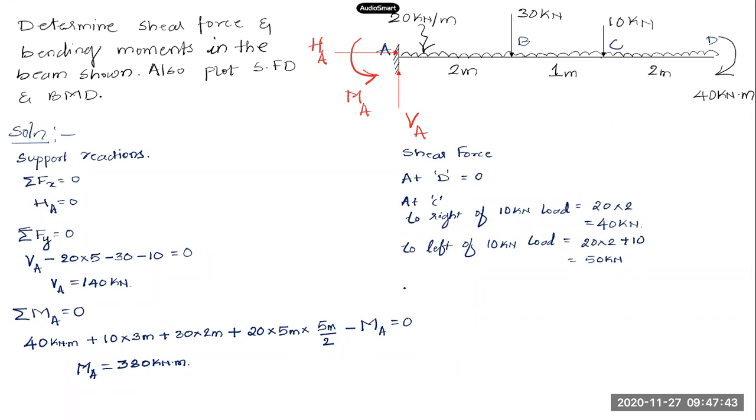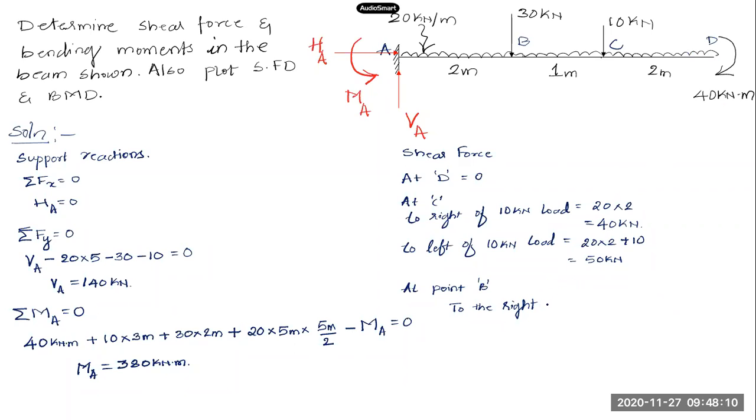Now come to this point B. I'm moving from point D. I've taken point D as my starting point. In cantilever beams, it is convenient if you take the free end as your starting point.